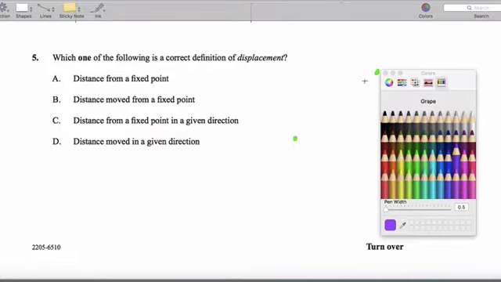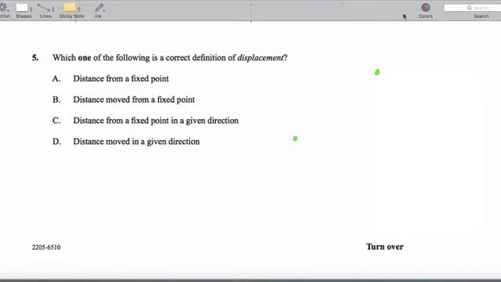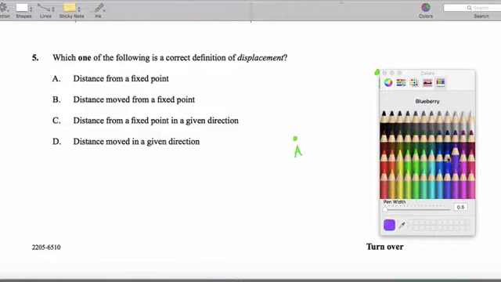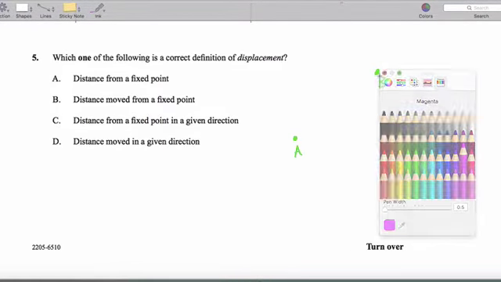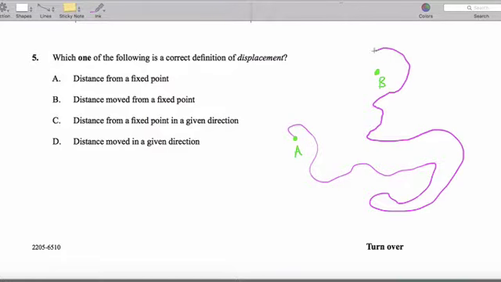So we'll just say I start at A, and we'll wind up at B. Now, let's say I just kind of meander around, go to various different places, and finally wind up at B. Okay. The total length, that is the distance.